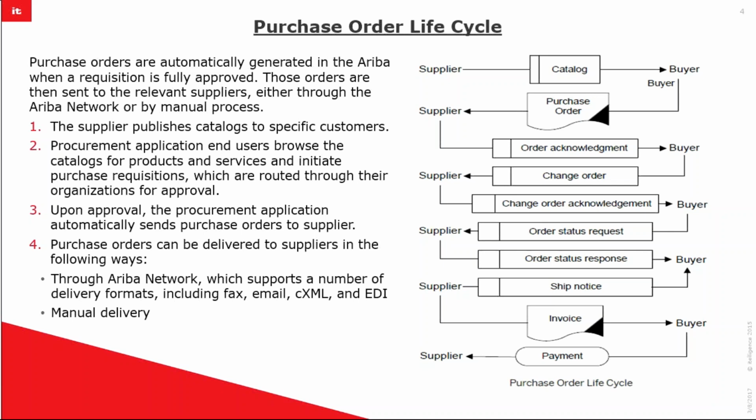So in that case, we can create our own non-catalog item where we have to specify all our requirements in a form and send it across to the supplier. So those are known as non-catalog items, where we don't have any catalog for that item, and we have to specify each and everything.